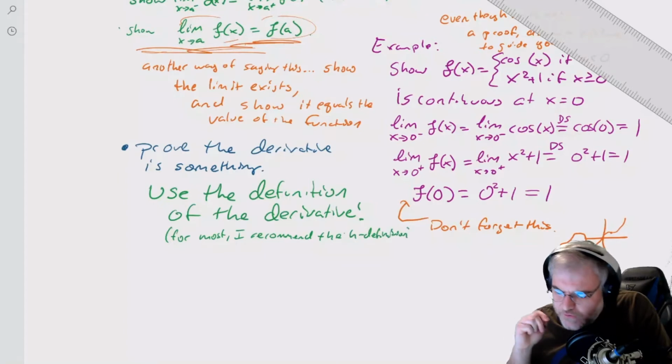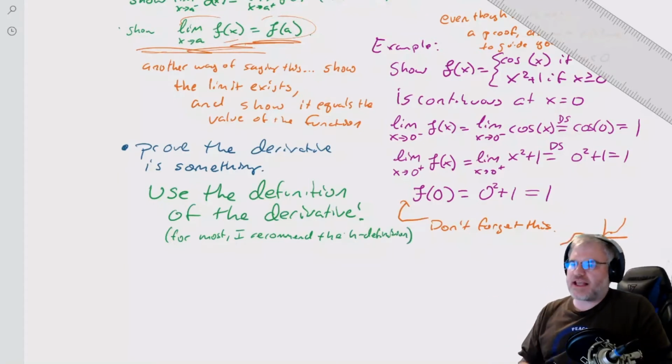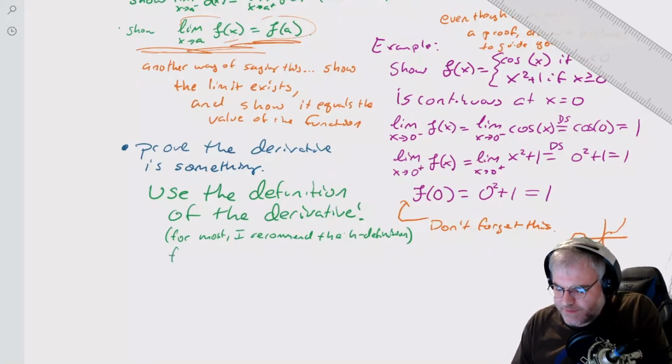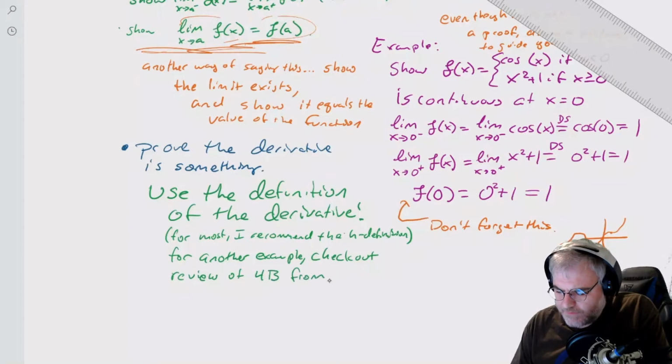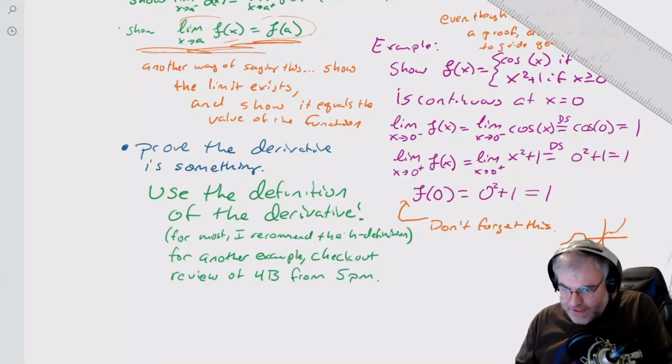I went over another example of how to do this on the 5 p.m. quiz that I didn't do on the 11 a.m. quiz, so you might want to check out the review of 4B from 5 p.m., because I did another example on that one.